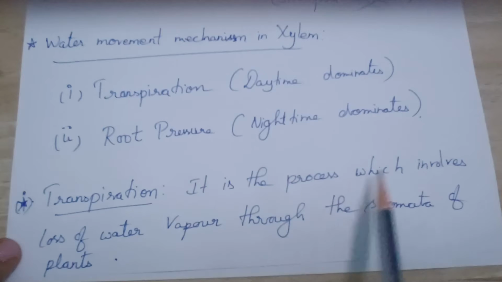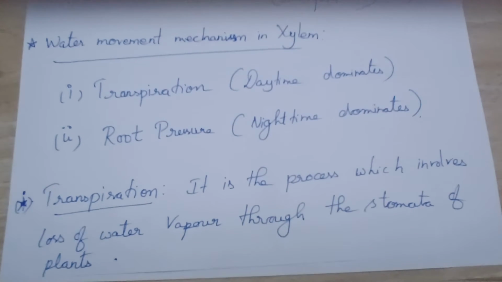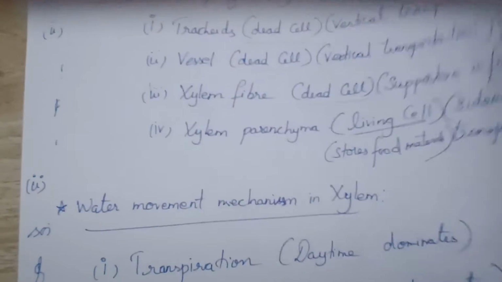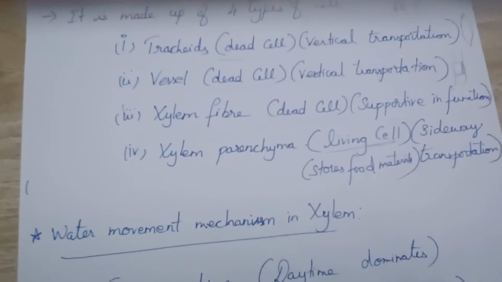Transpiration is the process that involves loss of water through the stomata of the plants. Water loss. So we said transpiration is a loss of water through the stomata.